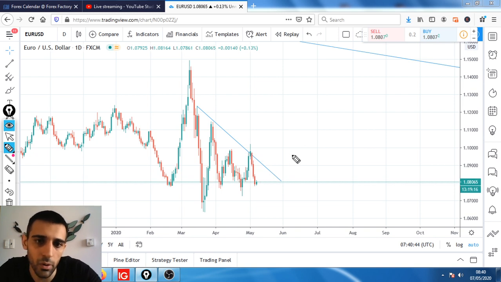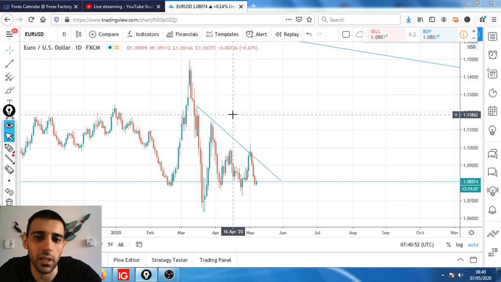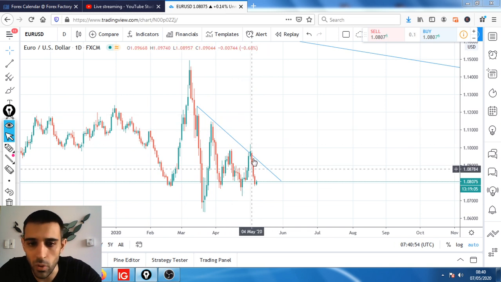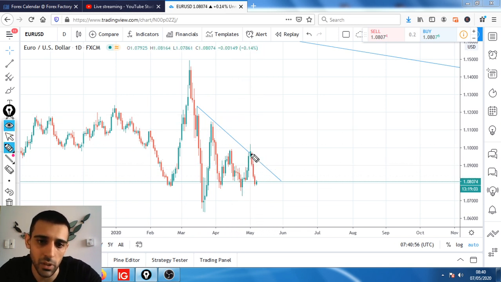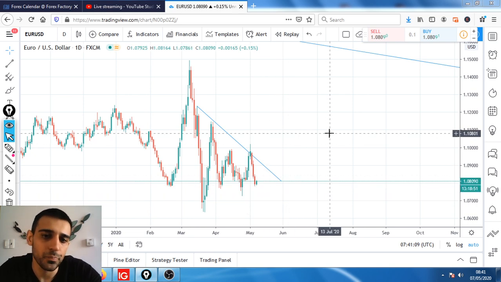We just do not know where the price is going to go. It doesn't really look like it wants to go up or down. In this case it looks like maybe it wants to go down, but it's still not confirmed until the price comes down and breaks most likely this spike low down here. So this is quite far away.